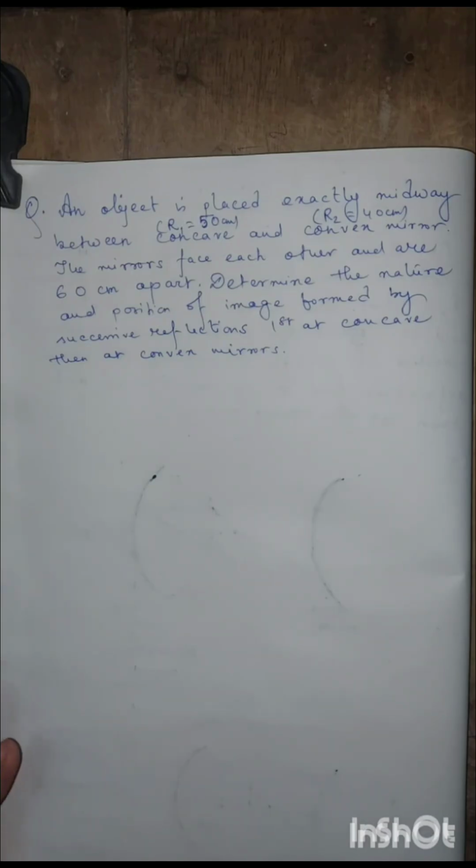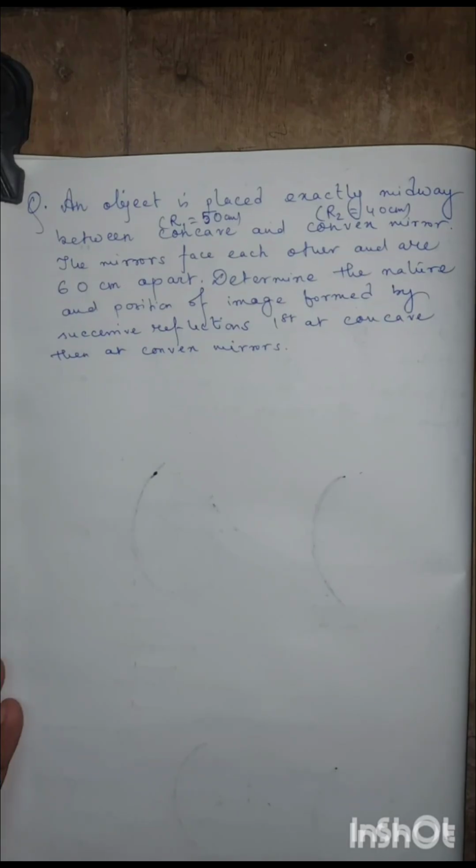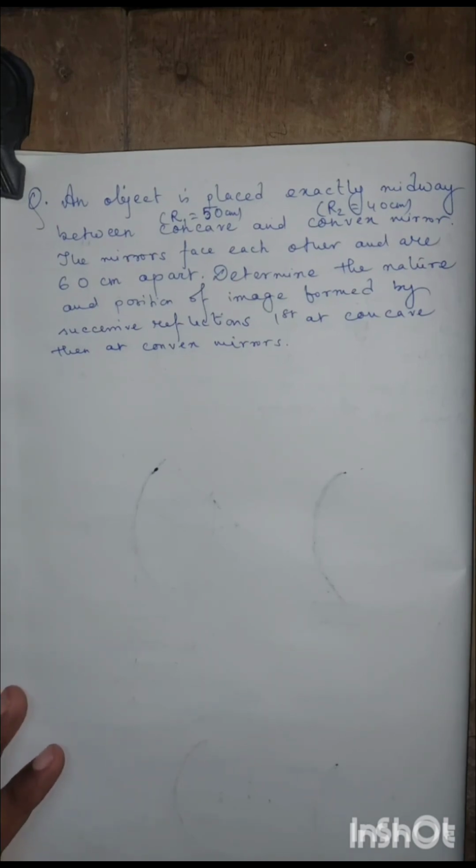The mirrors face each other and are 60 centimeter apart. Determine the nature and position of the image formed by successive reflections, first at the concave and then at the convex mirror.